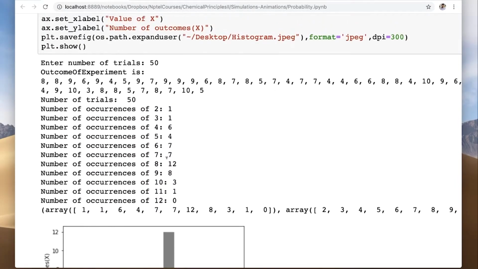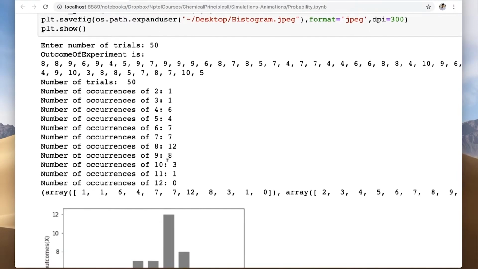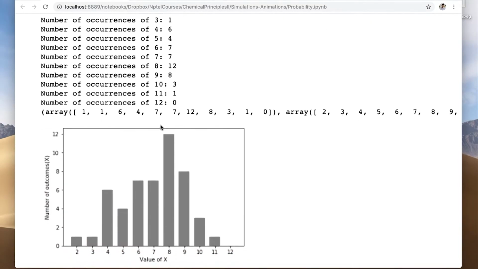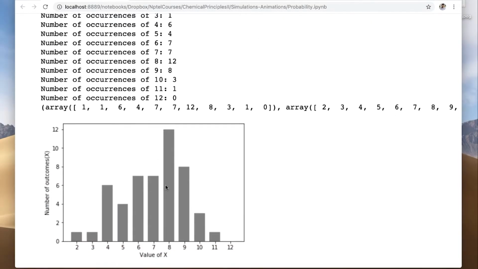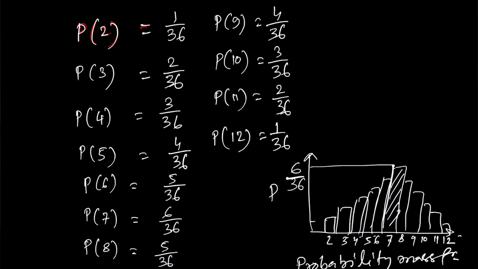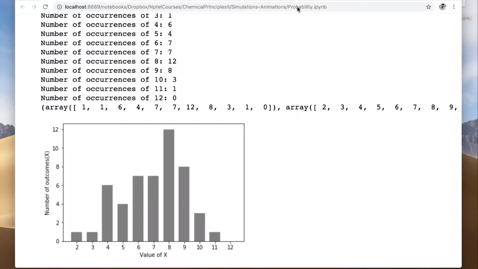So, probability will be just these occurrences divided by 50, and these probabilities are plotted here. Does it look like the one that I have drawn just now? No, right, because we have done only 50 times.